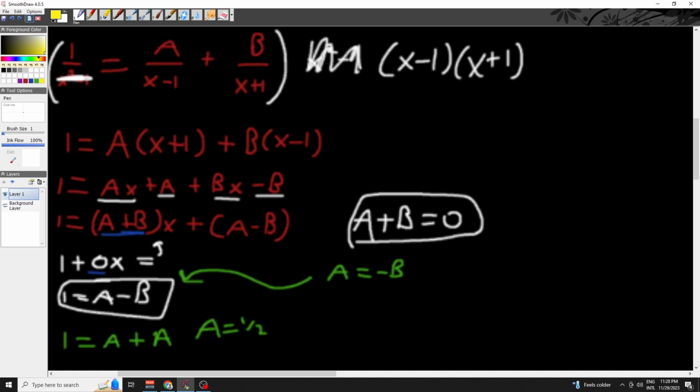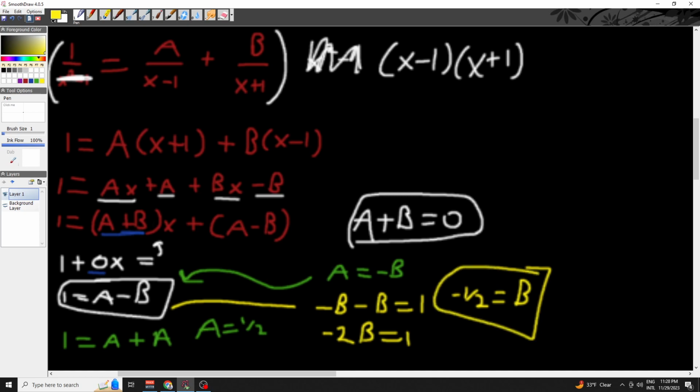Since a is equal to negative b, we can do negative b minus b is equal to 1 from this equation. That'll give us negative 2b is equal to 1. That'll give us negative 1 half is equal to b. And that is the answer to problem 6.